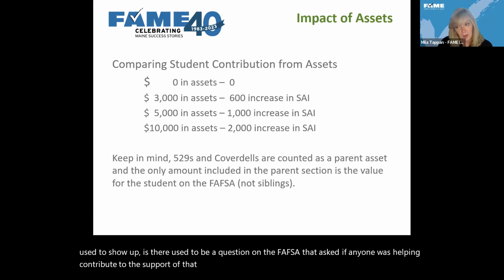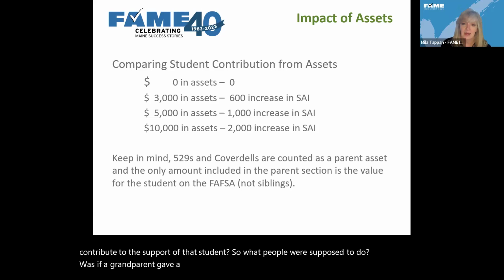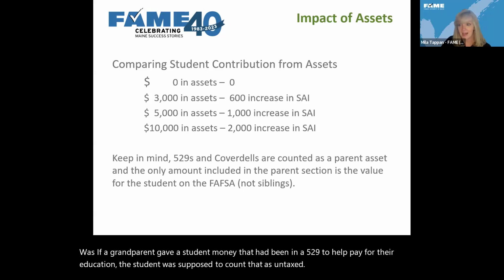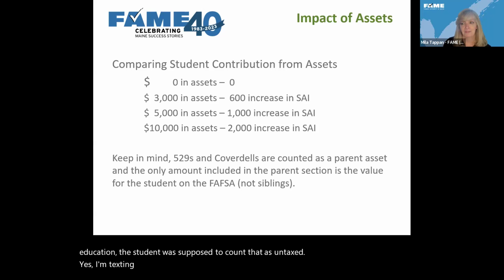So what people were supposed to do was if a grandparent gave a student money that had been in a 529 to help pay for their education, the student was supposed to count that as untaxed income. Again, untaxed income's gone. So if someone else outside the family owns it, it doesn't show up at all as the formula currently works.